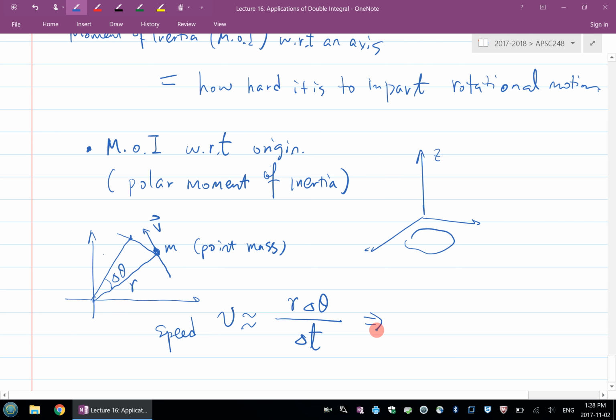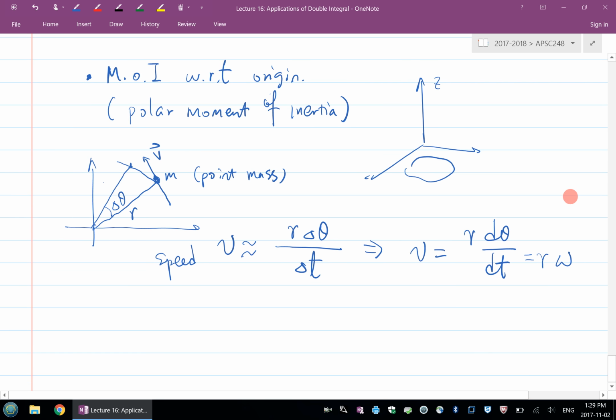And of course, if you let this delta become infinitesimally small, then your velocity will become r times d theta over dt. And for d theta over dt, we use a different symbol: omega. That's your angular velocity, or angular speed in this case. That establishes a simple relationship between the linear velocity and the angular velocity.